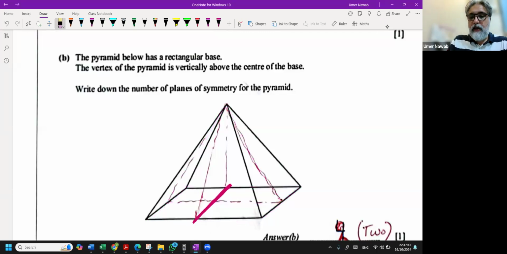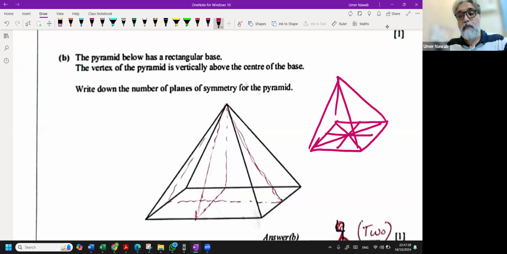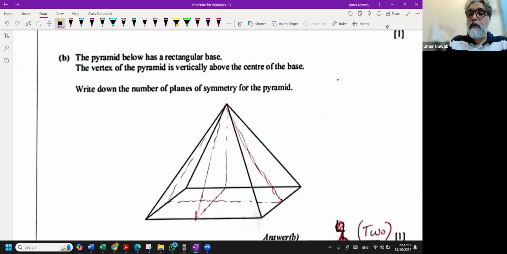If you have a square-based pyramid, then I can have 4 planes of symmetries. So the planes of symmetries depend upon what your base is.